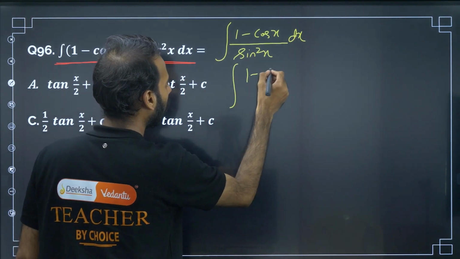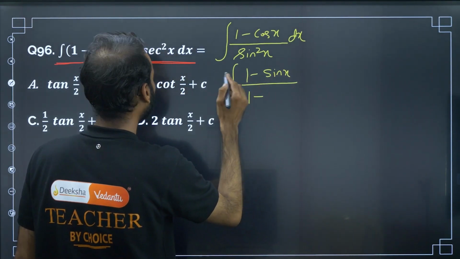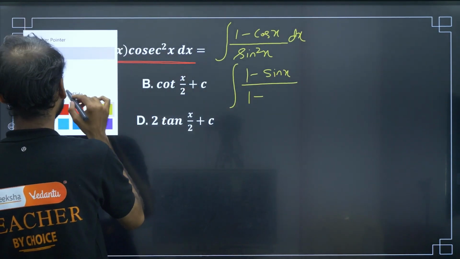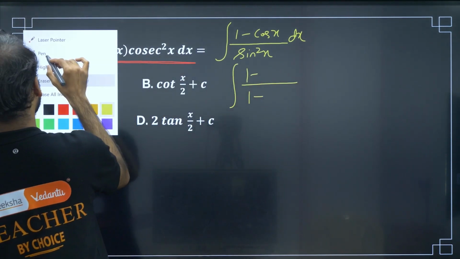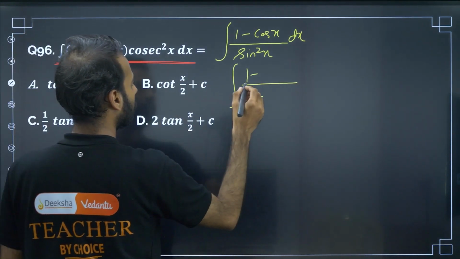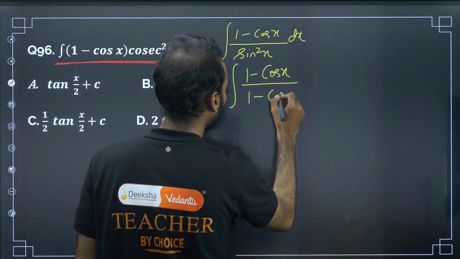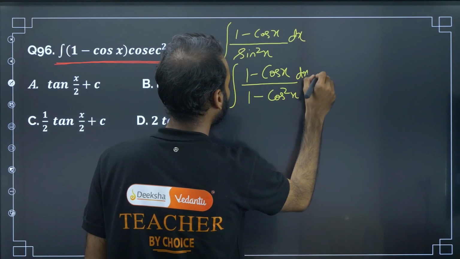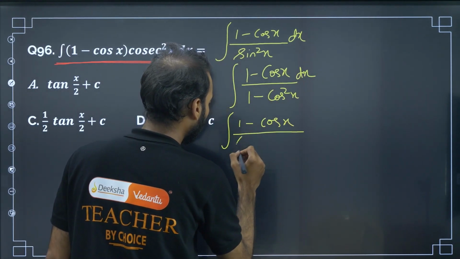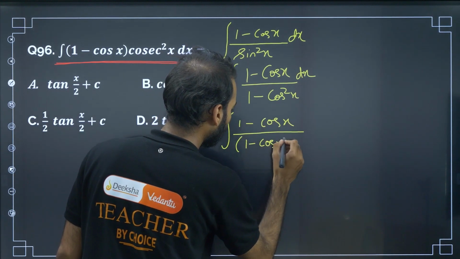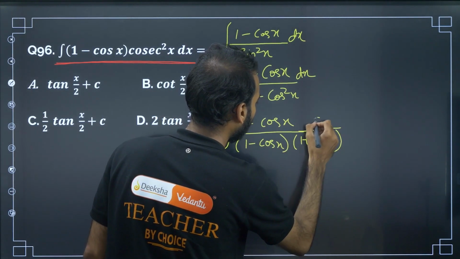Next, integration of (1 minus cos x) by (1 minus cos square x) dx. That is integration of (1 minus cos x) by ((1 minus cos x)(1 plus cos x)) dx.